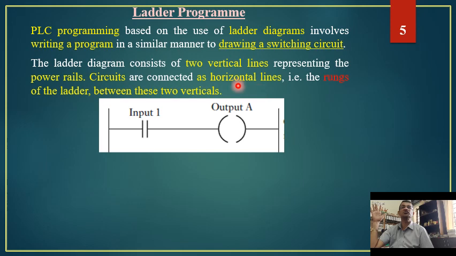The whole circuit needed to be represented as a horizontal line, or it is called a rung of the ladder between these two verticals. So we have power rails, positive and negative, and every circuit is connected as a rung. That is what builds a ladder program.